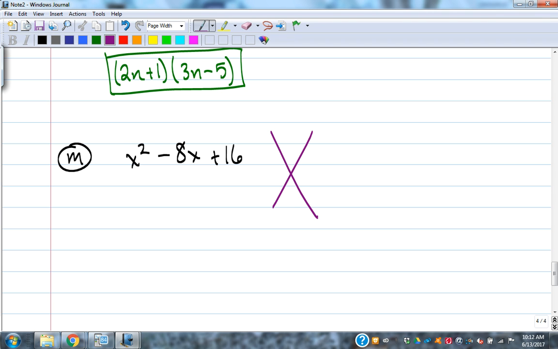Three terms. I know I'm going to do the X method. I can see that there's not a GCF. I know it's in descending order. So I'm trying to do the X method here. And so I want it to multiply to be 16 and add to be 8.